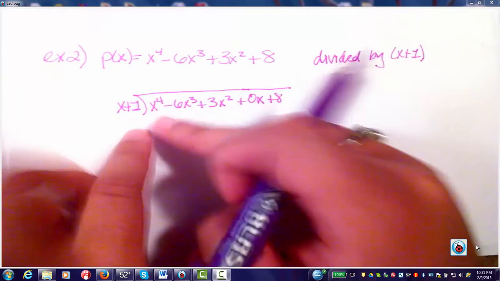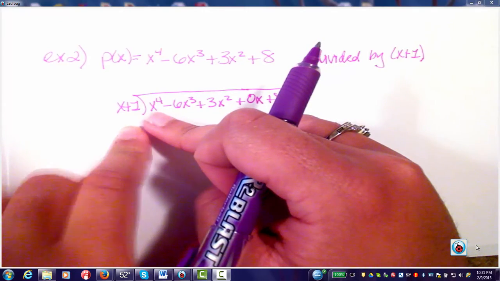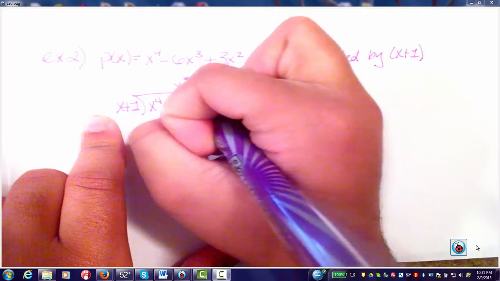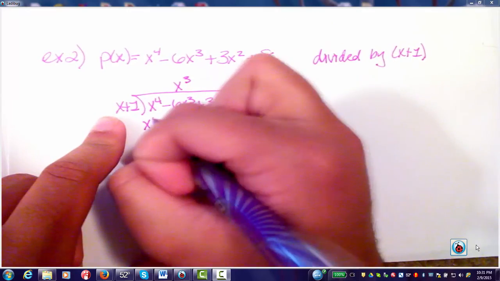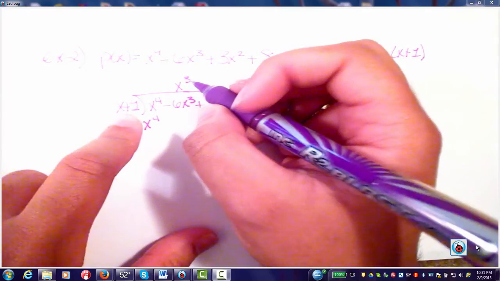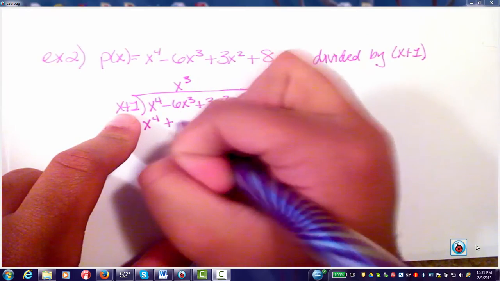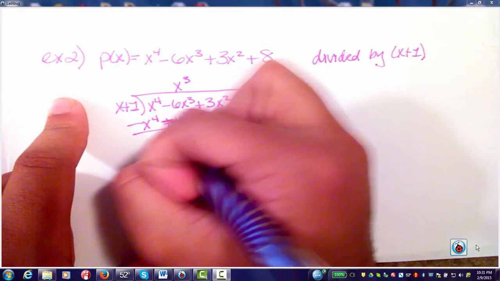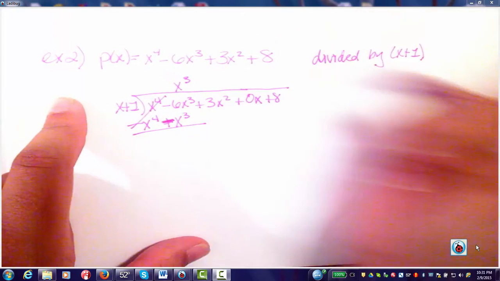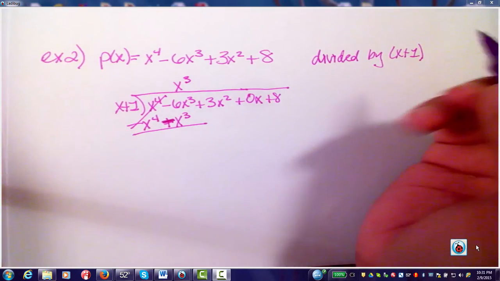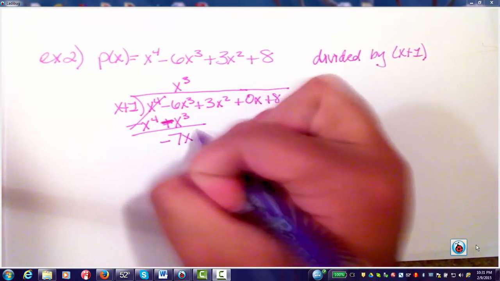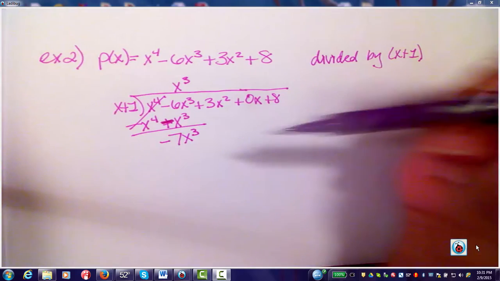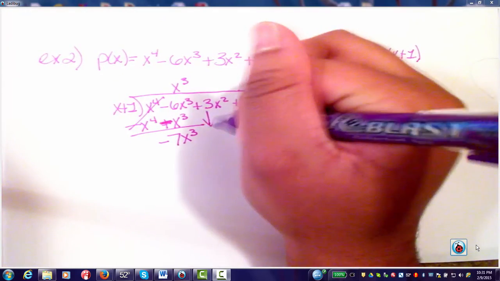Alright, so x to the 4th divided by x is x cubed. x cubed times x is x to the 4th. x cubed times 1 is positive x cubed. Draw your line, change your signs. These cancel, and we get negative 7x cubed. Then we bring down our 3x squared.